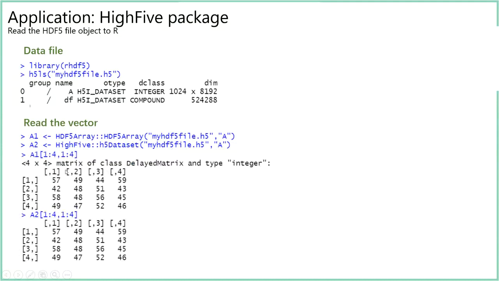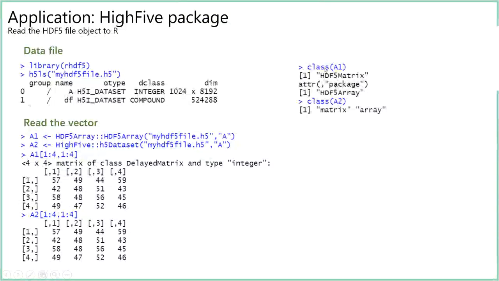Now let's first check the values in the matrix. Not surprisingly, all the values are the same. But A1, the HDF5 array, is a special class of delayed matrix, and A2 is just a naive integer matrix.